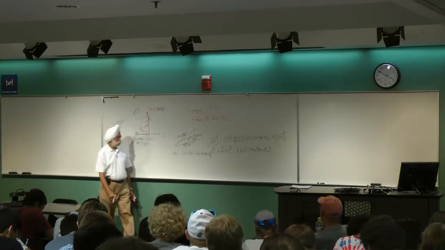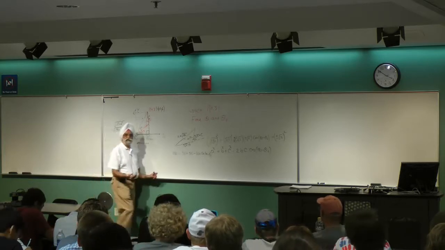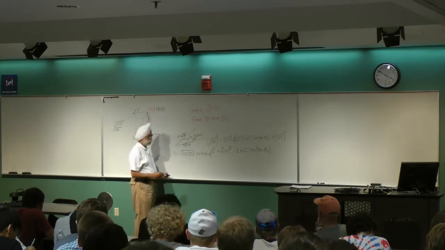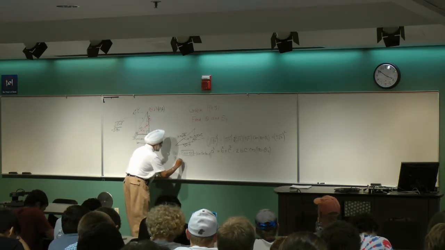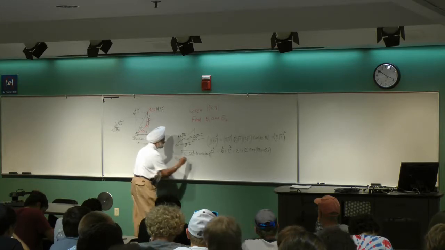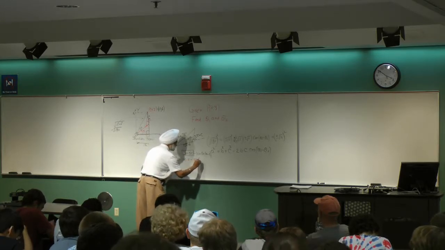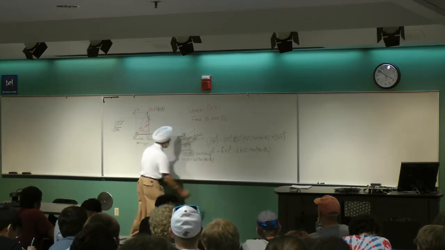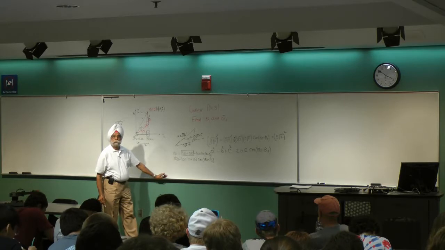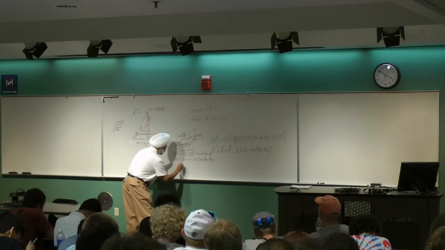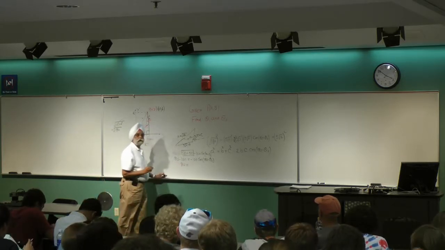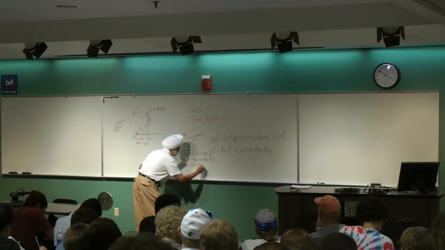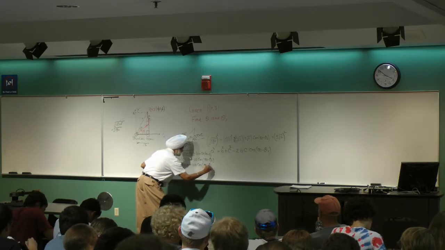Adding these two up gives 100, so 180 minus 100 equals minus 100 cosine of 180 minus theta 2. If I simplify that, that's 80 equals minus 100 cosine of 180 minus theta 2.